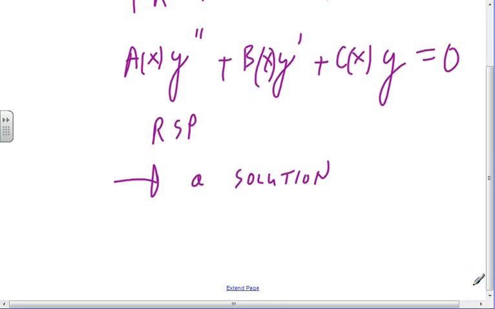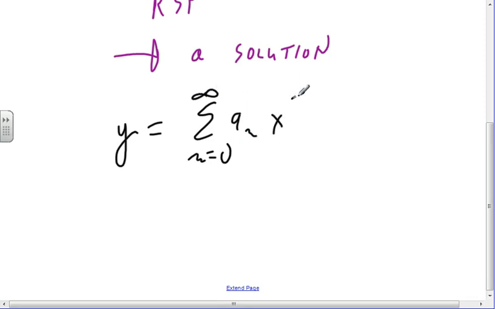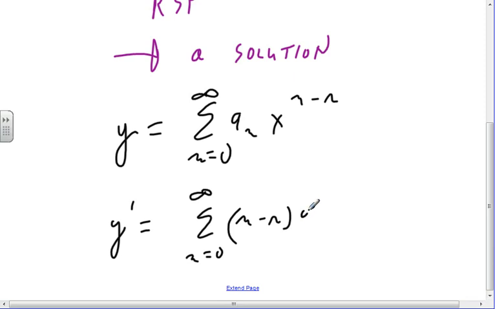Okay, so what does he say? Well, he says what I'm going to do is I'm going to say y is going to be the summation n equal to 0 to infinity of a_n x to the n minus r. And y prime is the summation n equals 0 to infinity of (n minus r) a_n x to the n minus r minus 1.